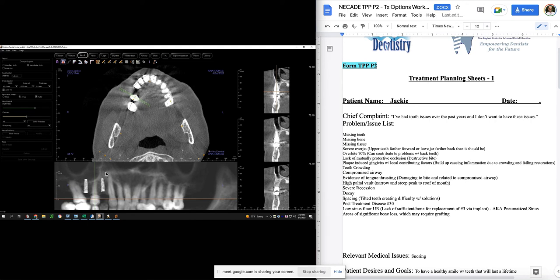Pneumatization being enlargement of the maxillary sinuses from some sort of chronic process. Some people have genetics that predispose them to having pneumatized sinuses.